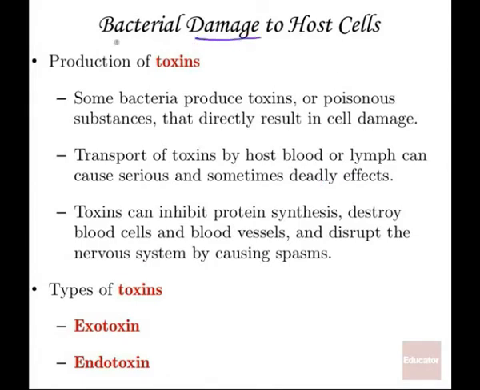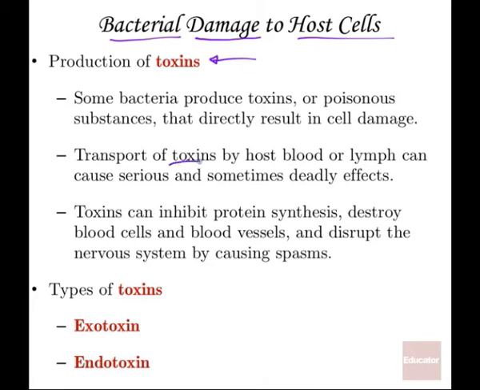So bacteria can do damage to the host cells themselves. Once they overcome some of these defense mechanisms, they can actually create damage to the host cells. They create damage by producing toxins. Now, these toxins, as you can imagine, can be very deadly and poisonous, and some of them certainly are, and they directly result in cell damage.